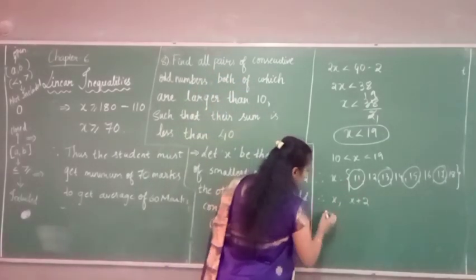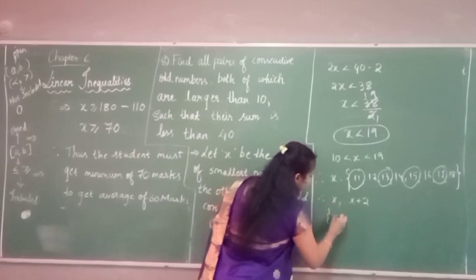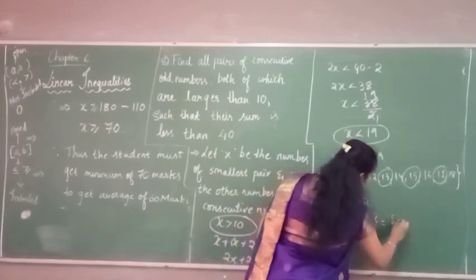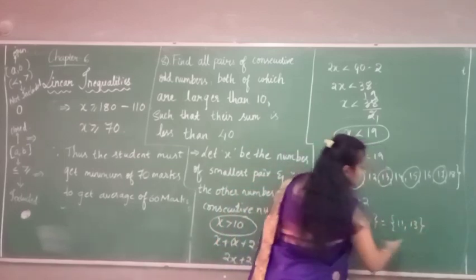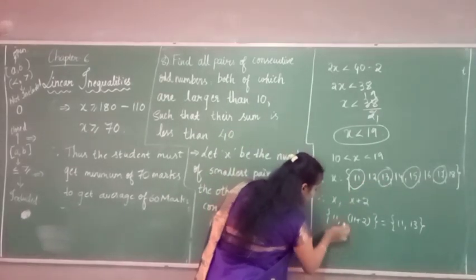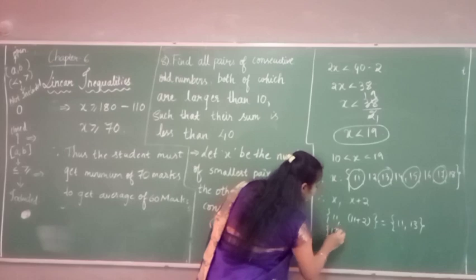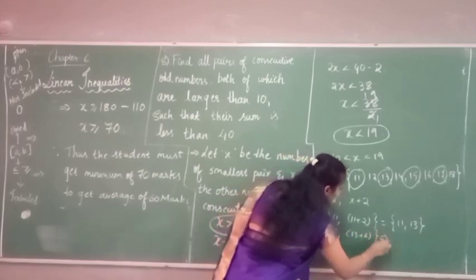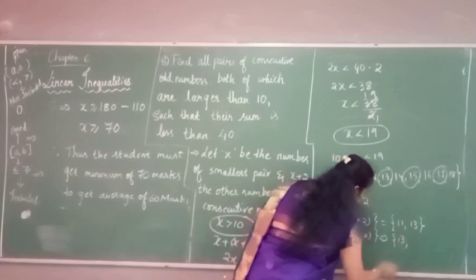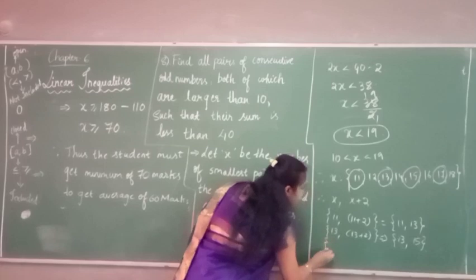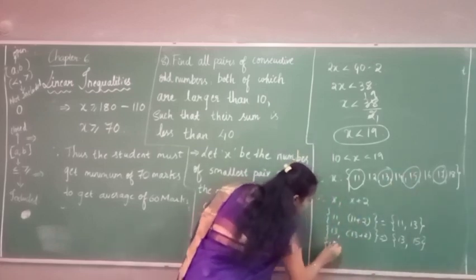So just substitute 11 here in the first one. 11 plus 2. So what will I be getting here? 11, 13. So this is one pair. Next one it is 13. 13 plus 2 is nothing but 15. Next one, 15 we have.